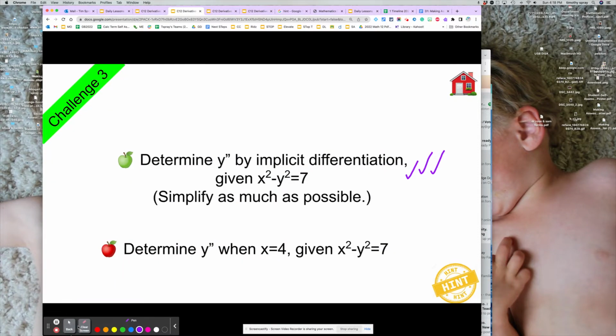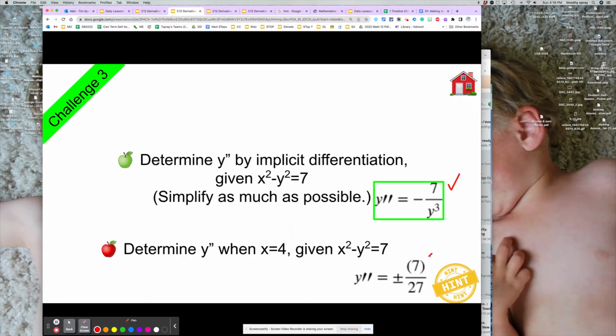All right, friends, welcome back. We're going to take a look at this one, definitely a tricky question. First off, let's see how you did. That is the second derivative in the most simplified form. We'll talk about a solution to that in just a moment. But if you got that far, then this follows simply, because if x equals 4, that makes this 16 minus y squared equals 7.